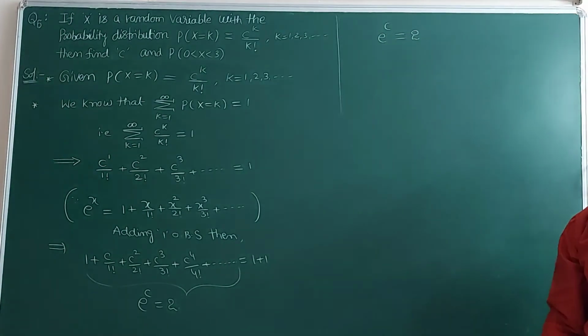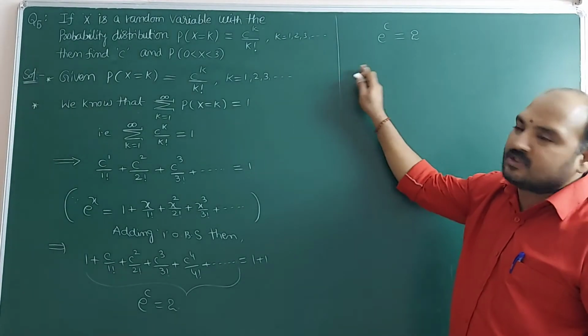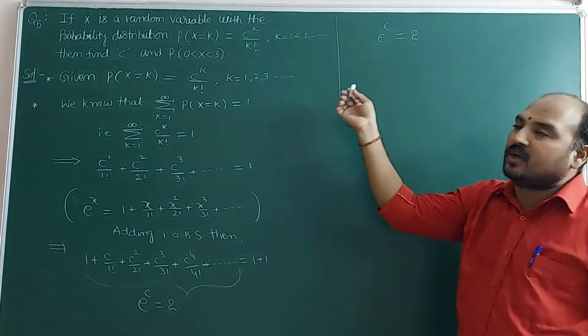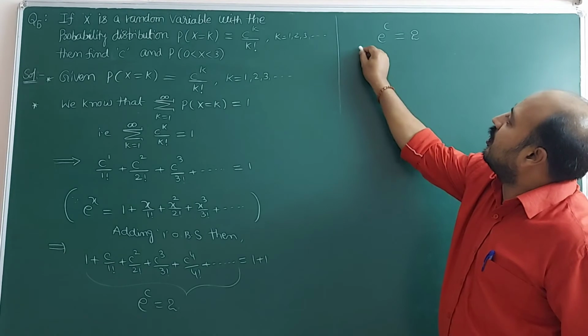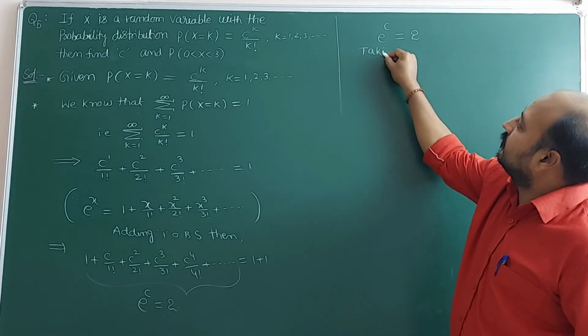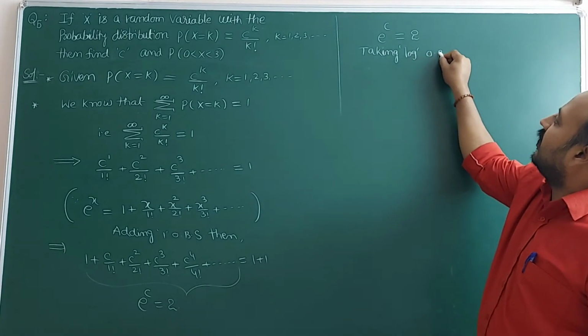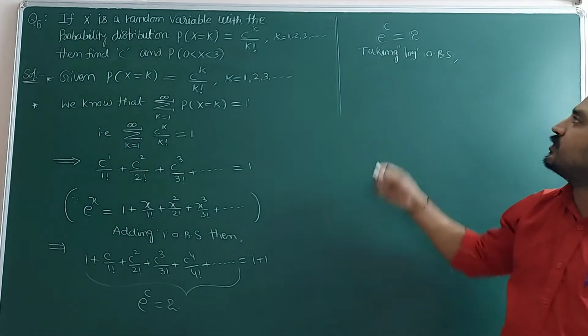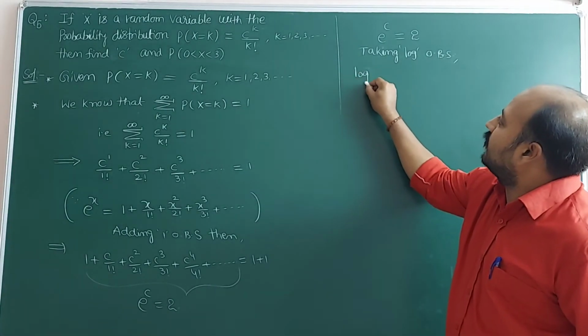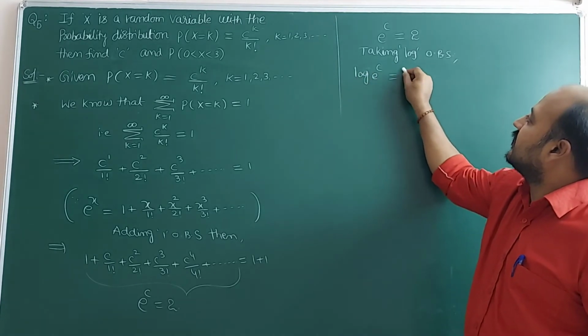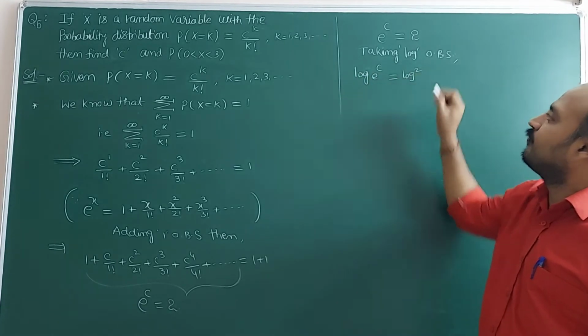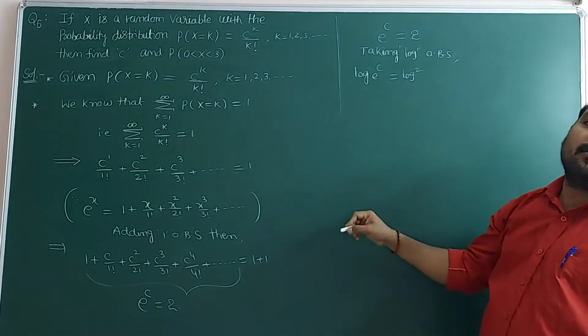To get the value of c, take log on both sides. Some students don't know how to convert into log. So taking log on both sides, or applying log on both sides, any terminology you can use. So log of e power c is equal to log 2. Log a power m formula: m into log a.